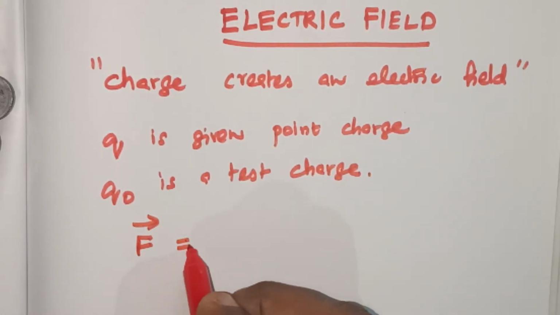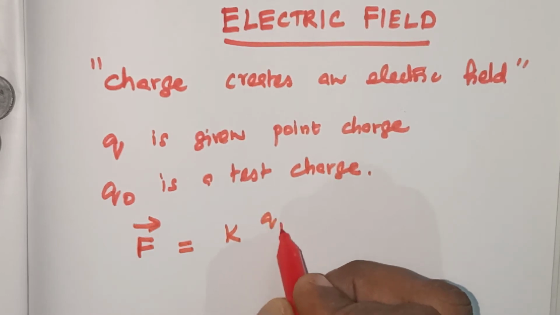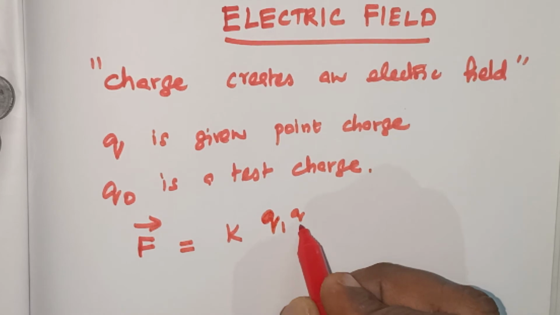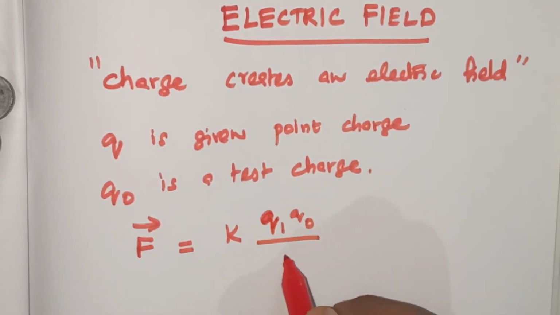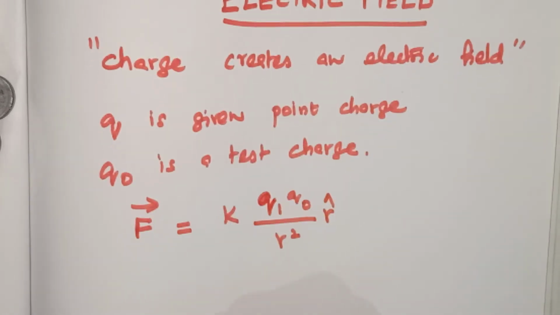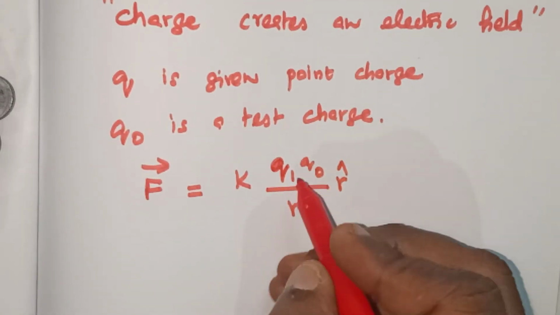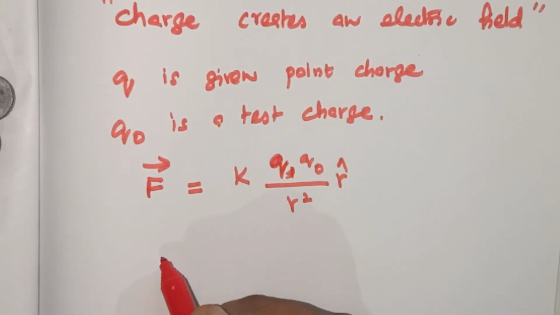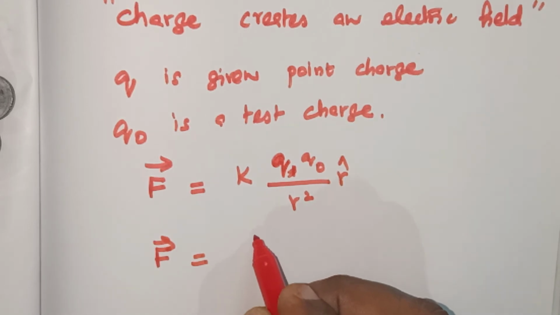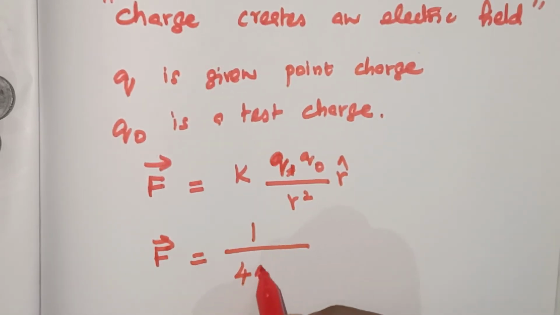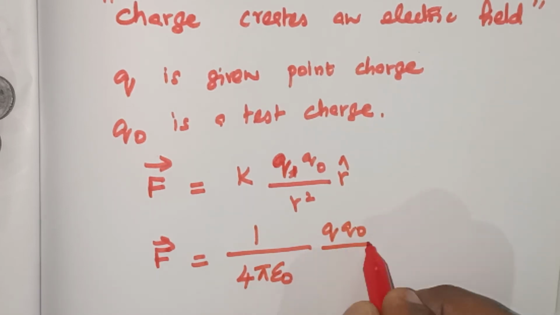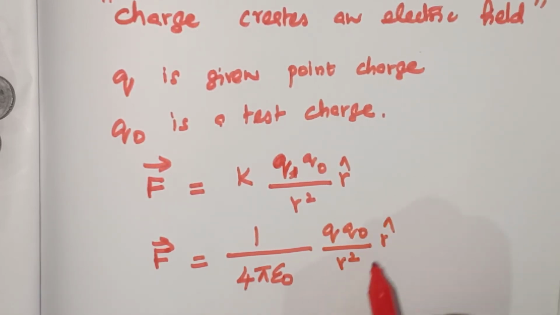F vector equals K Q1 Q naught divided by r square r cap. Okay, so here only Q. So F vector equals, what is the value of K? 1 by 4 pi epsilon naught Q Q naught divided by r square r cap.